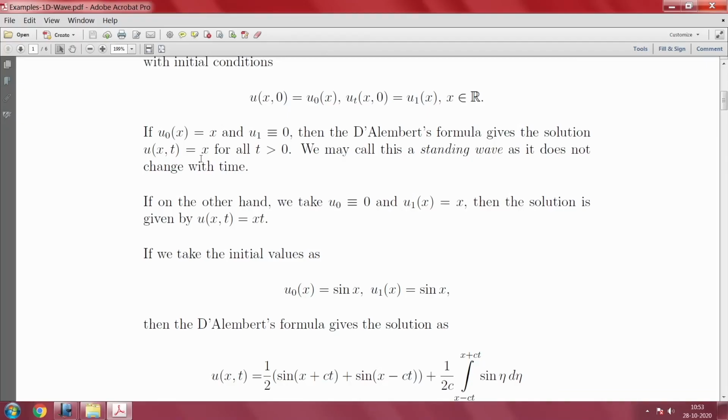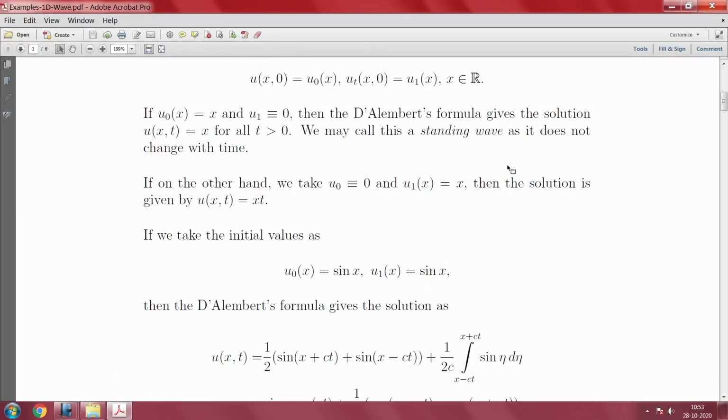Here I have just taken simple functions, so that we can do the computations easily, that is the only reason. So, you should practice with lots of simple examples where you can integrate easily.